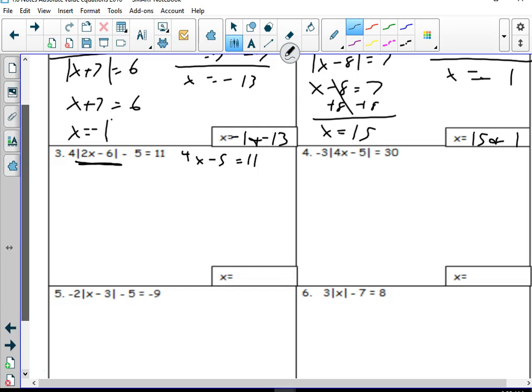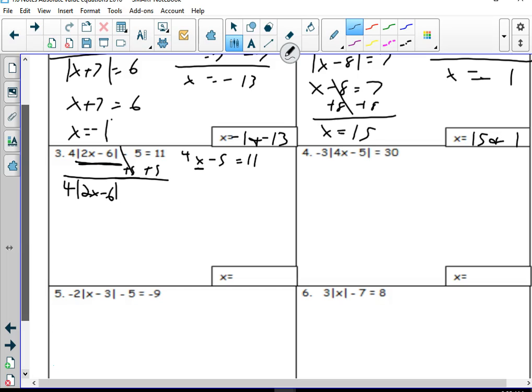I need to get that thing by itself. Just like over here, I need to get this thing by itself. It doesn't matter what the thing is. I need to get it by itself. I take the exact same steps. So what am I going to do here? Just what you guys already told me. I'm going to add 5. Now when I do that, does this change? No. Does this change? No. Everything's the same.